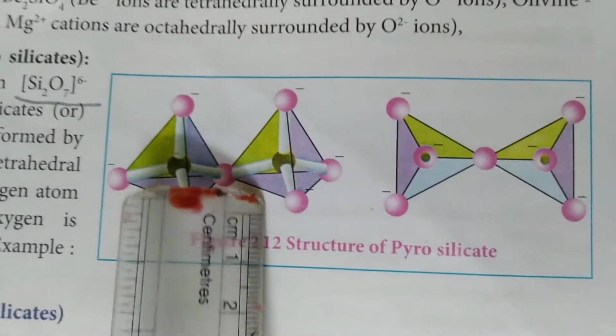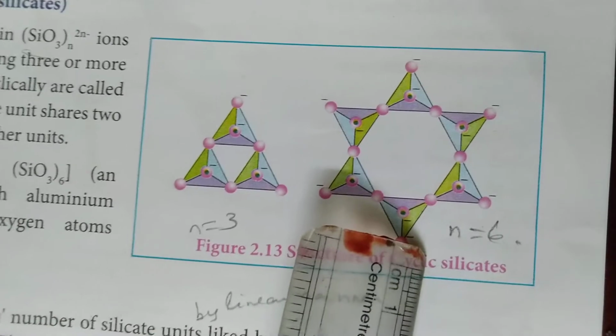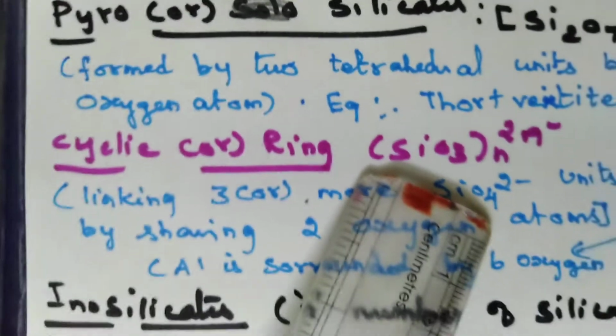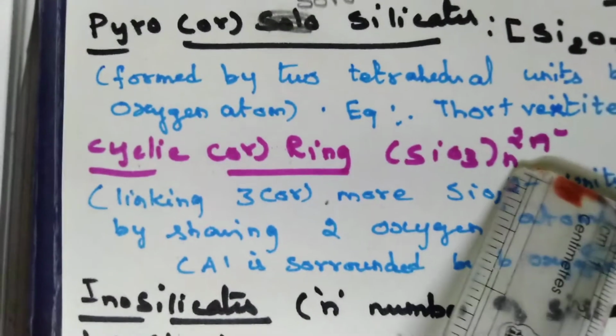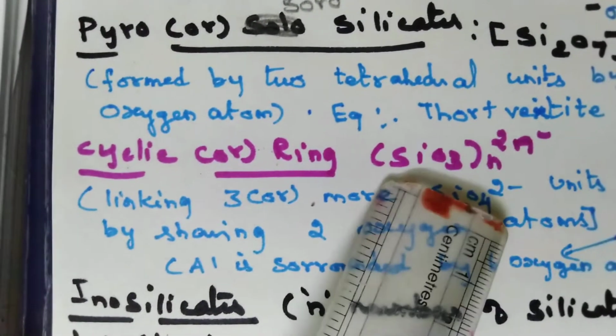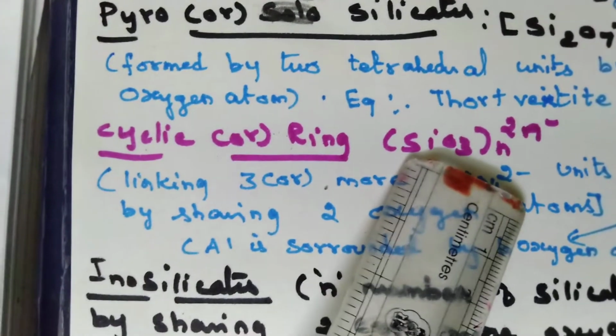Next one is the cyclic or ring silicates. The general formula is (SiO3)n with 2n- charge, where n means the number of units.